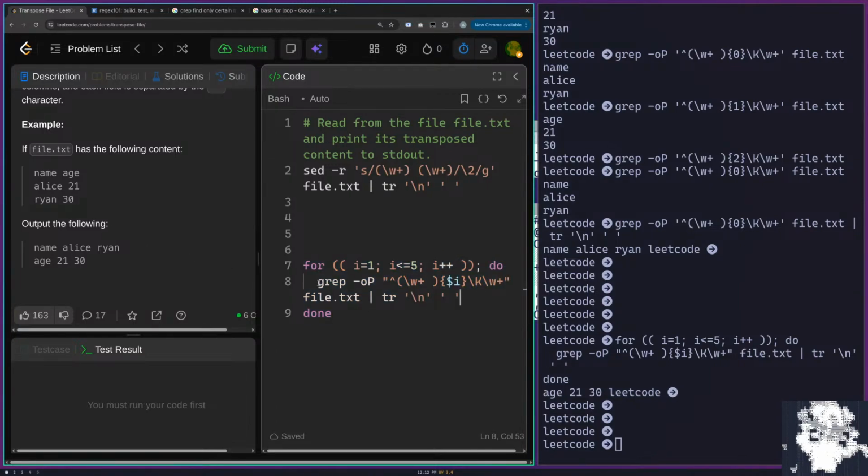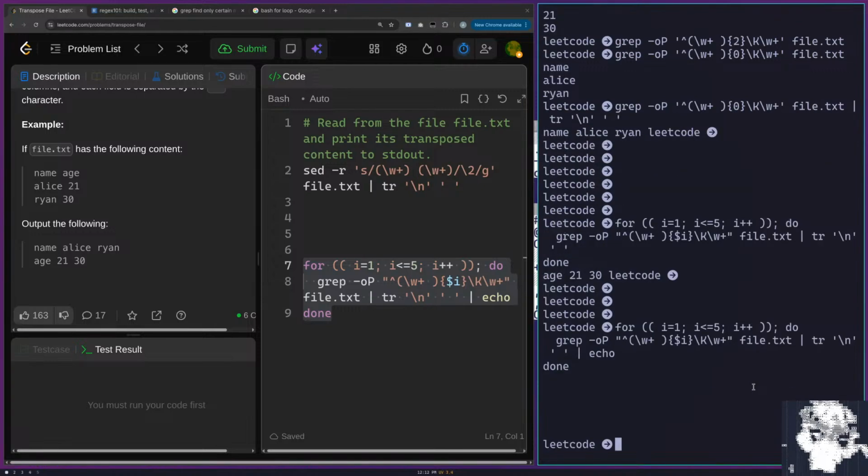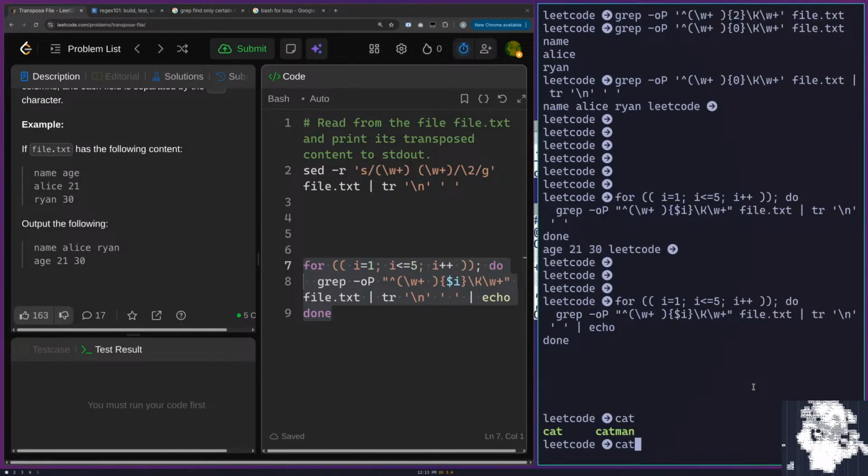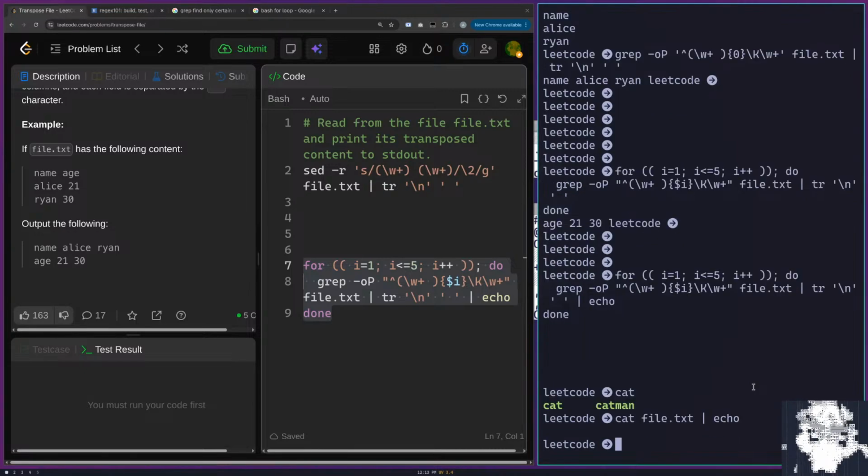So I guess I want to echo this. Is this the same as piping it to echo? Does piping to echo make sense? Let's say we cat file.txt and pipe it to echo.